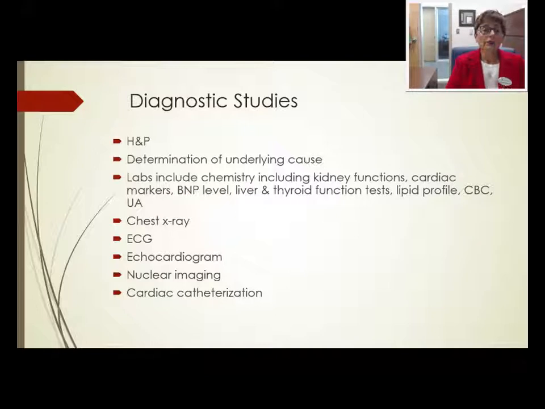The labs include a chemistry, and they want to check kidney function to make sure that the kidneys are not failing. They would check cardiac markers, which are the troponins and the CK and CKMB. BNP level, that's a brain natriuretic peptide level. That is a specific test.